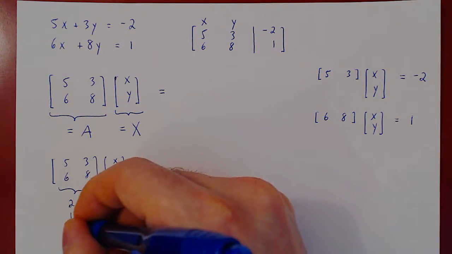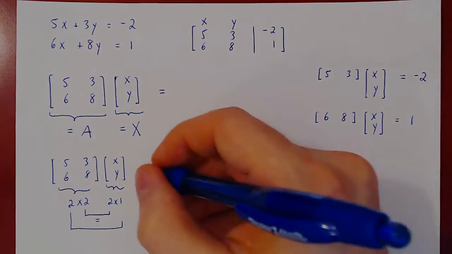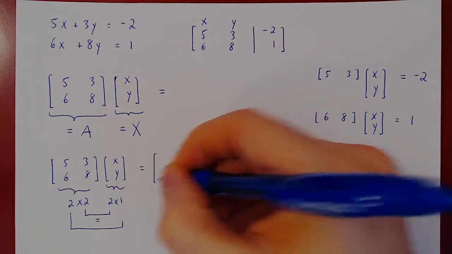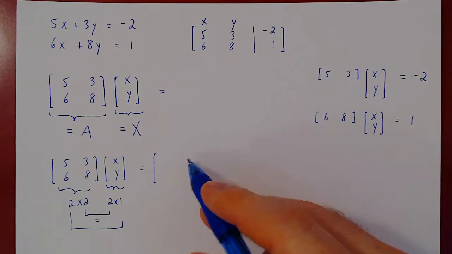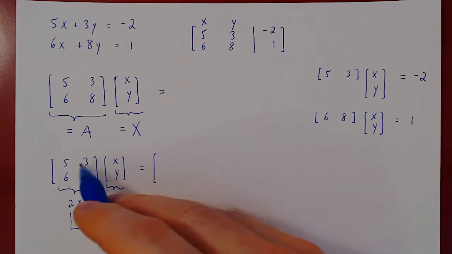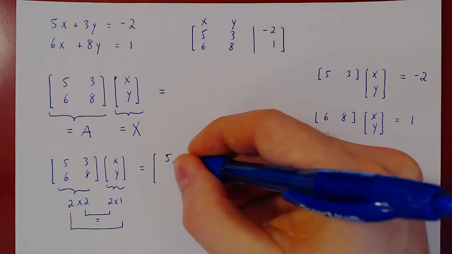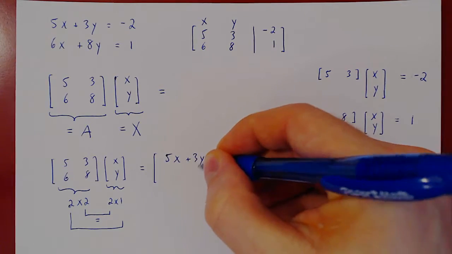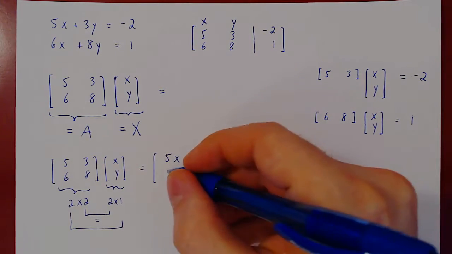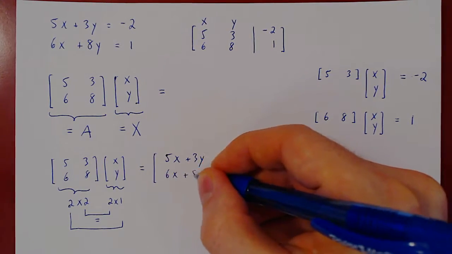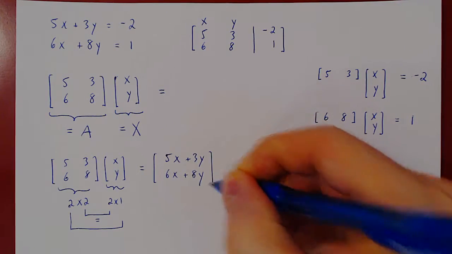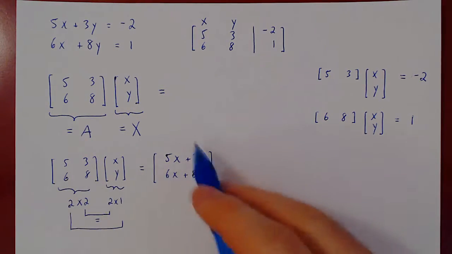And the result will also be a 2 by 1 column matrix. And if you think of the first entry, well, take the first row, 5x plus 3y. Second row, 6x plus 8y. And this is the result of A times X.